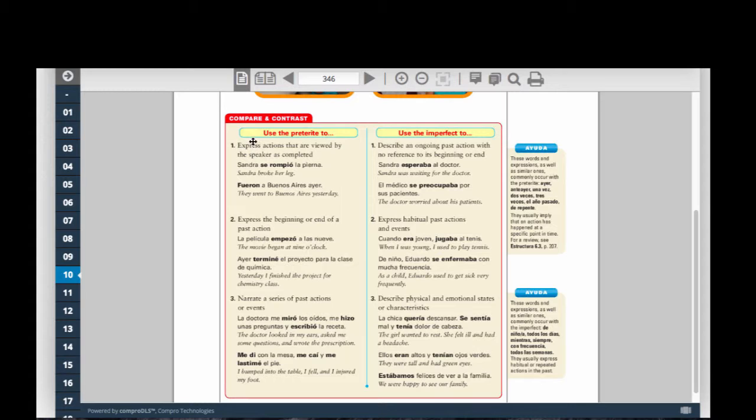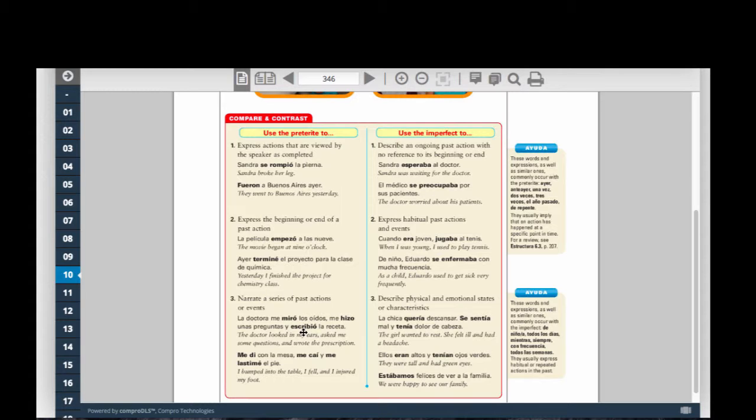So number one, the preterite for actions that are completed in the eyes of the speaker, but the imperfect for actions that are ongoing, everything in the past, okay? And it doesn't have a clear beginning or an end. Number two, express the beginning or an end of a past action, of course. For that, we use the preterite. And number two, in the imperfect, actions that are habituales o repetidas.